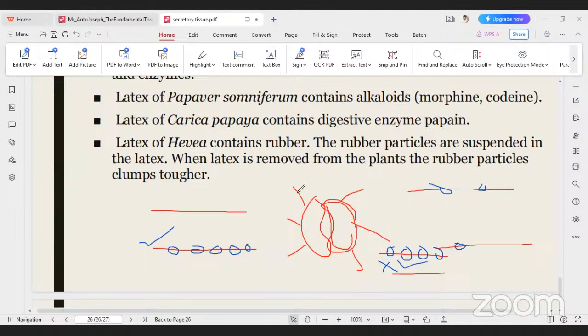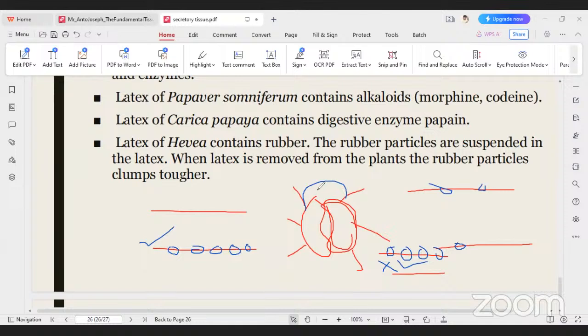In anomocytic, what happened here? Let me change color. On the guard cell, there are three subsidiary cells, of which one is smaller and the other two are larger.